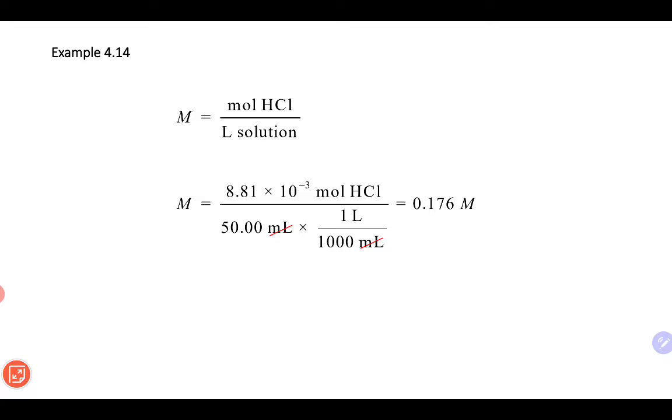So molarity is moles per liter. So we have 8.81 times 10 to the negative third moles of HCl. We're going to divide that by 0.05000 liters to get our molarity of 0.176 molar. So a titration is, at its core, a stoichiometry problem.